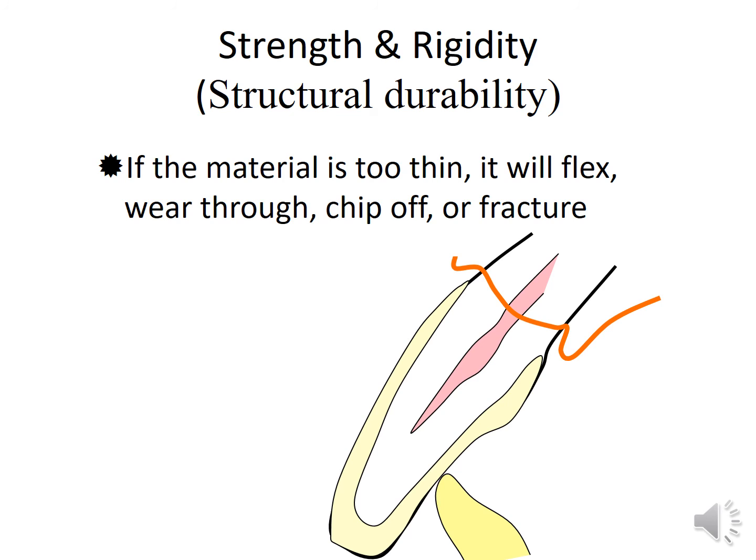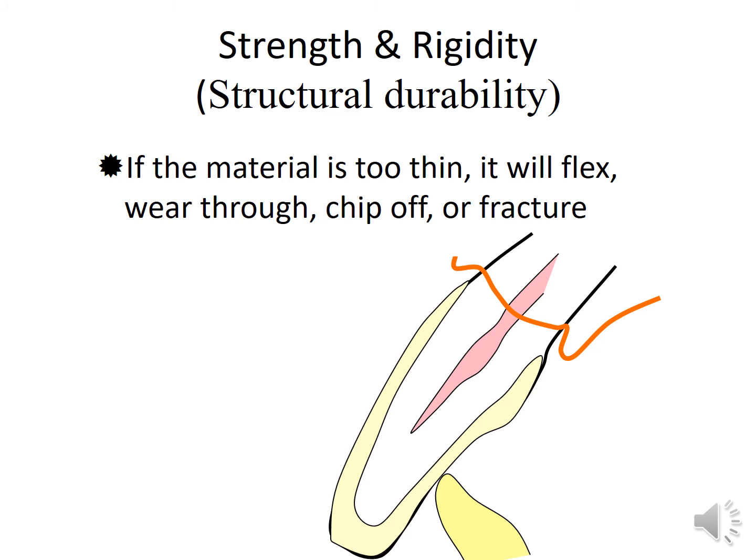The third point in the mechanical consideration is structural durability, or strength and rigidity. In another way, if the material is too thin, it will flex, wear, and fracture. So I have to have a rigid restoration with enough thickness.